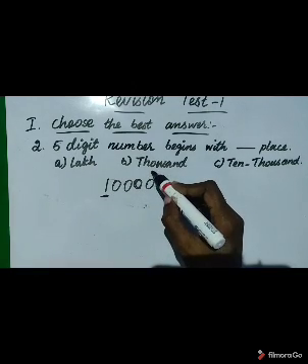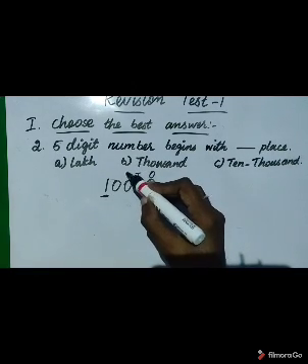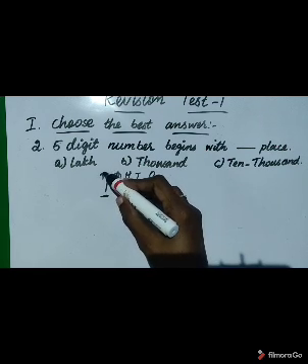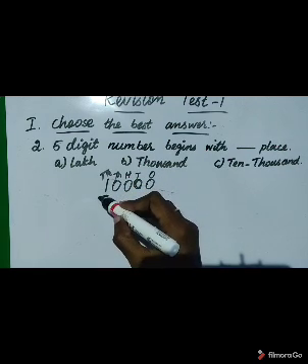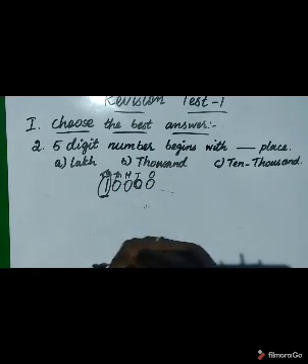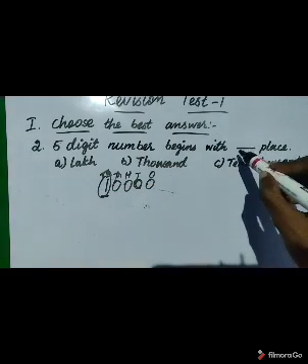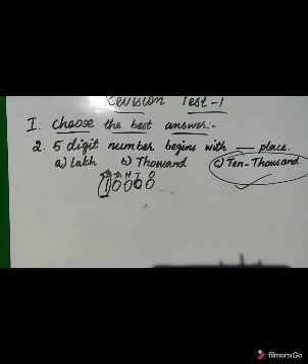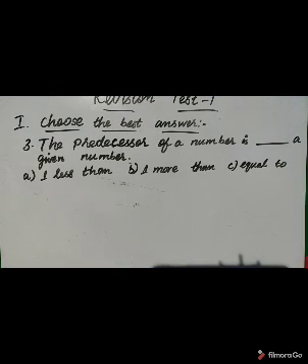Third question, the predecessor of a number is dash a given number. So predecessor means before number, I told you. So to find the predecessor, what you are doing, you minus 1 from the given number. To find the successor, what you do, you plus 1.